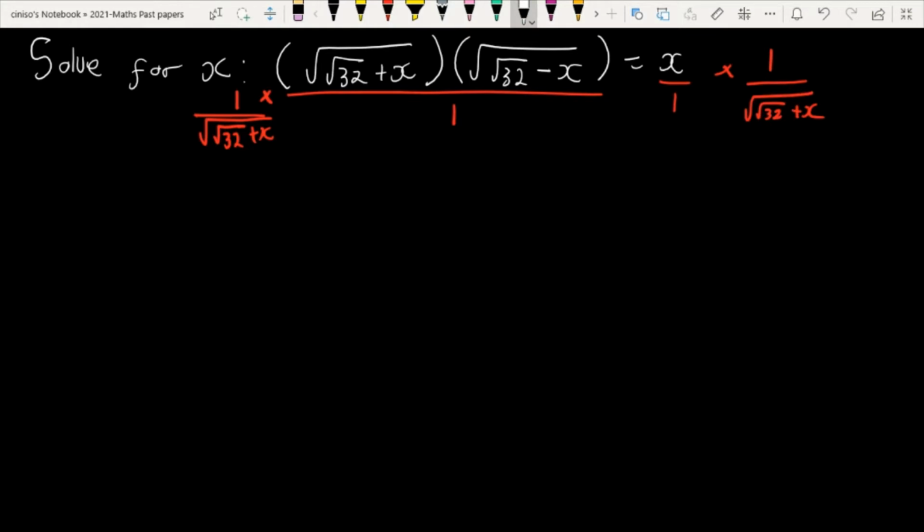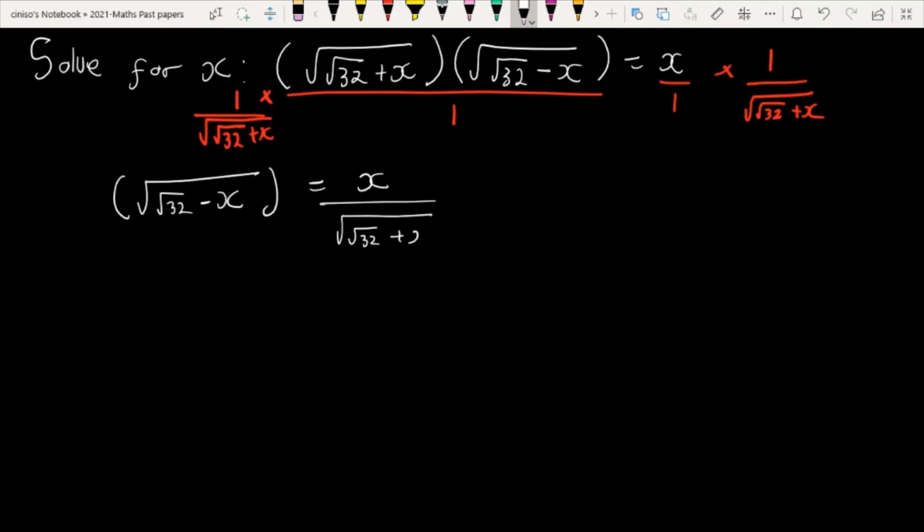So now we'll remain with the root of 32 minus x is equals to x over the root of 32 plus x. So now that we have something like this, we can square both sides.